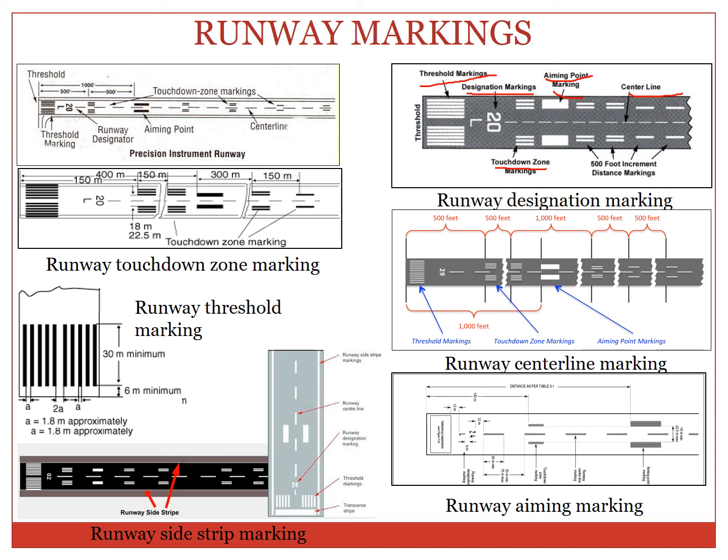Individually, the figures show you everything. The center line marking. How does the runway aiming marking look like? The runway side strip markings, the runway threshold markings, and the runway touchdown zone markings. These are the runway markings.